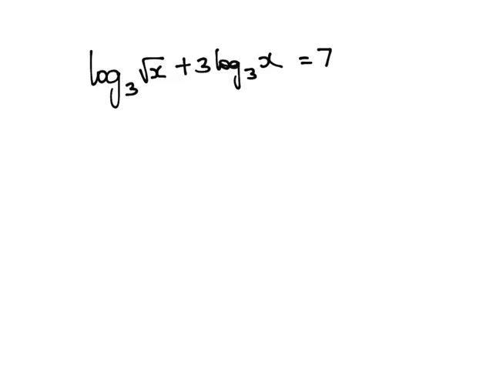Okay, so let me solve this problem. This is quite interesting, this particular problem. You can see the bases are same, that is 3 and 3, and there is one plus sign in between. So you might think, well, let us use the product rule first. No, before that you have to use the power rule.